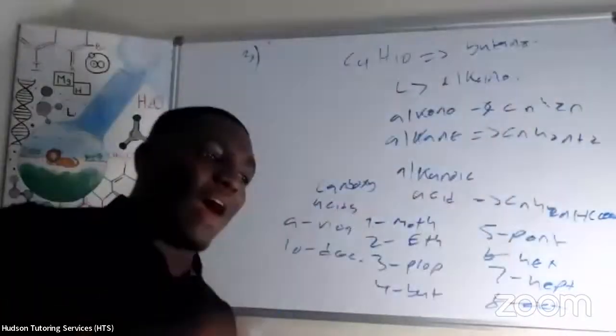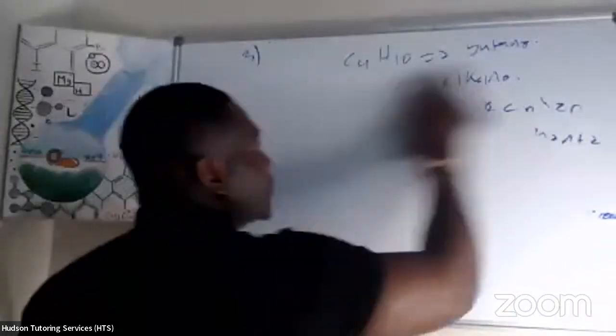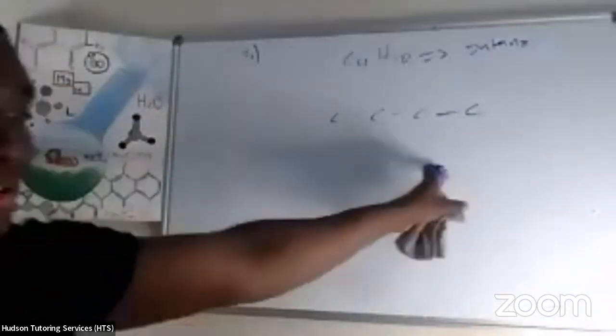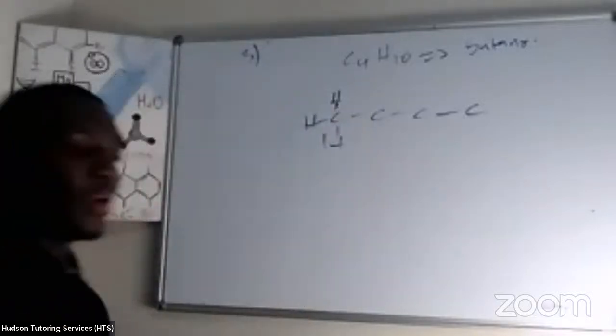Now, how do we normally do this? The first thing that we want to do is draw the actual molecule, the straight chain compound. When we're forming isomers of this type, we can have branch isomers and we can also have straight chain isomers. If we draw this out as normal, you have 4 carbon atoms in a straight chain, with each carbon atom having 4 bonds.